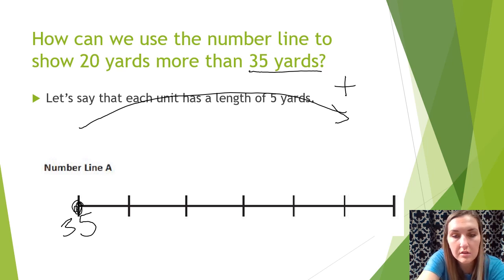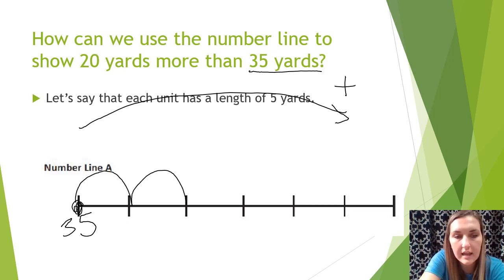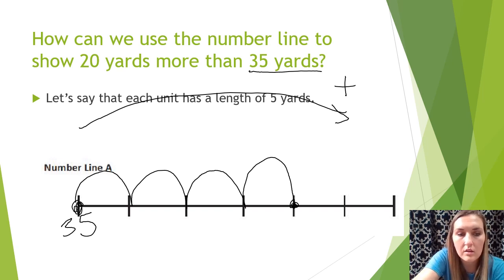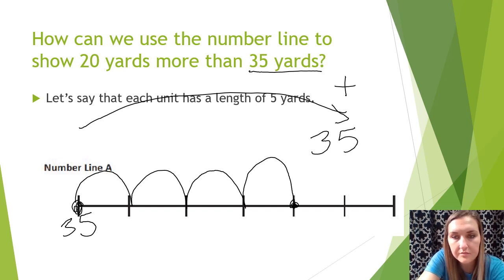Finger pointing to 35 on your number line. Count with me. 5, 10, 15, 20. Stop there. If we're doing 20 more than 35, the number sentence would sound like 35 plus 20.